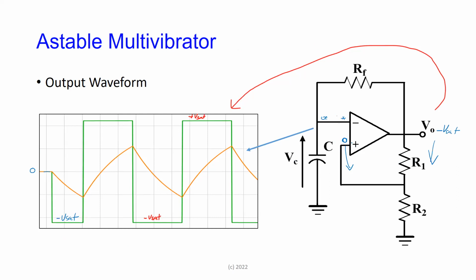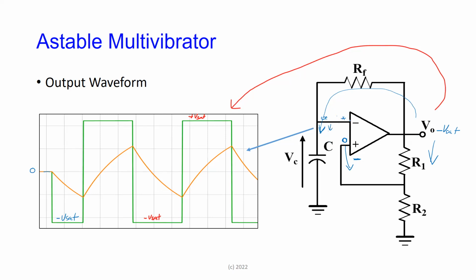So here is at a negative voltage, but not the full V sat value, right? So the capacitor now starts to charge. If here goes negative, the capacitor starts to charge negatively to whatever voltage this is through RF. So it's charging, and this voltage gets more and more negative. So this voltage is going to drop.